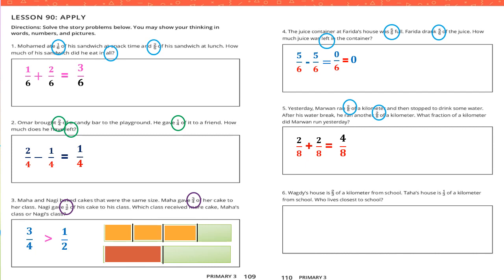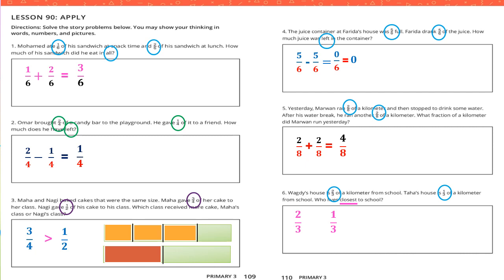The last one here: Wagdi's house is 2/3 of a kilometer from school. Taha's house is 1/3 of a kilometer from school. Who lives closest to school? We wanted to compare. Closest here means the nearest distance. The nearest means the smallest distance. Which is smaller here, 2/3 or 1/3?